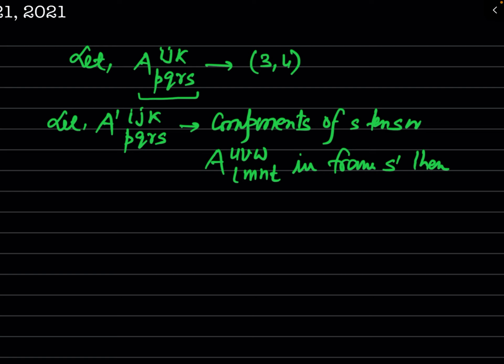Then what we have learned, on the basis of that you can easily say how this transformation will be carried. You can see that this A prime with contravariant indices ijk and covariant indices pqrs will be equal to A^uvw_lmnt. Now write the partial derivatives.